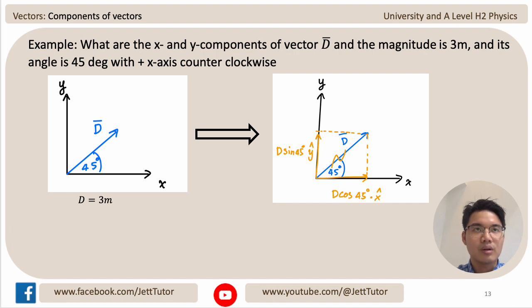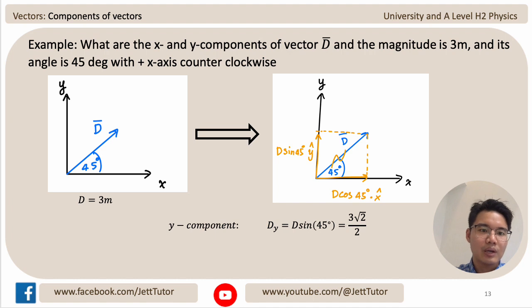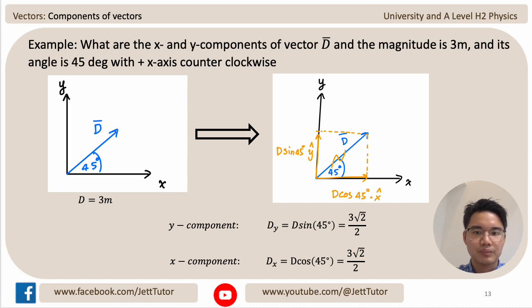From the component vectors, the y component dy equals D sine 45 degrees, so it equals 3 square root 2 over 2. The x component dx equals D cosine 45, 3 square root 2 over 2.